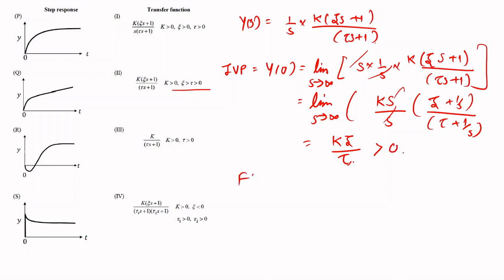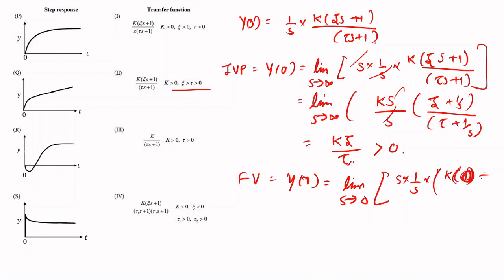Similarly, we will be finding the final value. It will become y of infinity, that is limit s tends to 0. Okay, so we'll be putting this as equal to 0, so it will become 0 plus 1 upon, again 0 plus 1, that is 1.